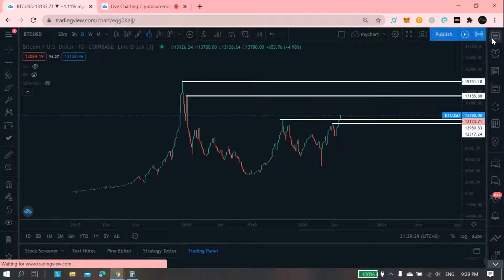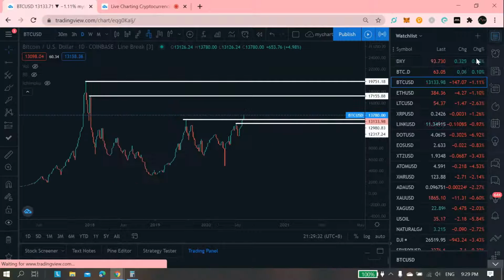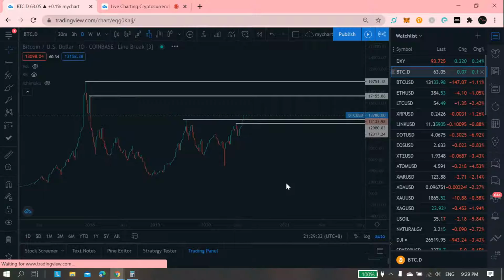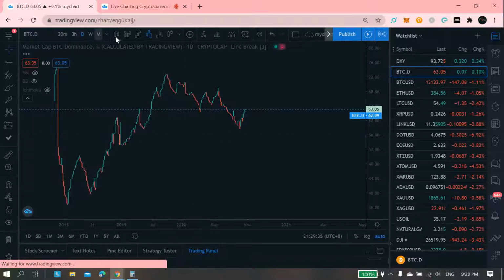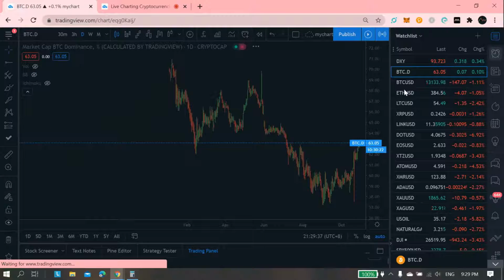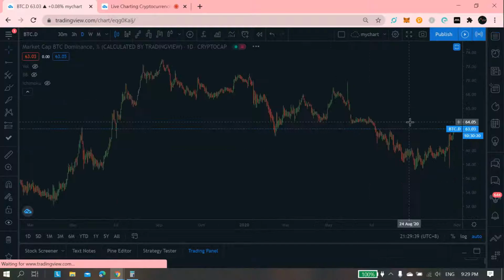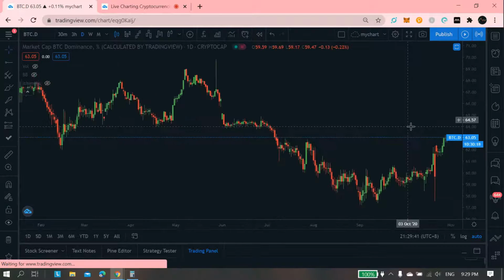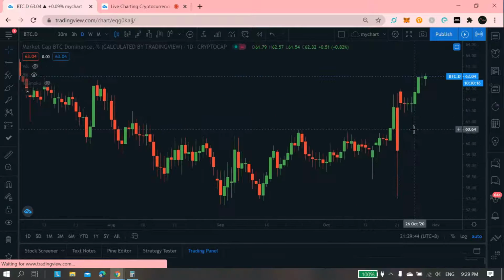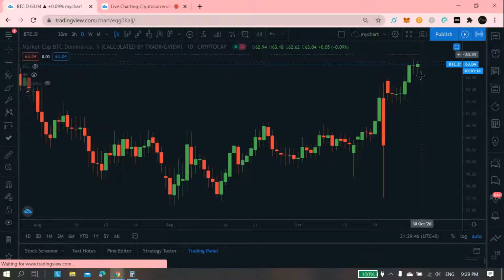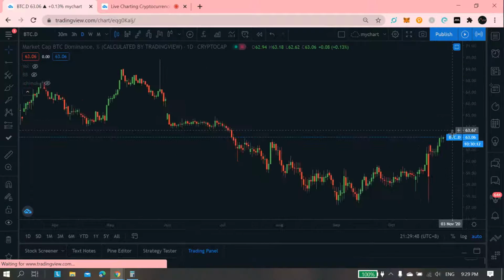So now let's move on to BTC dominance. I'd like you to see this one, but we will use this candlestick. Doji, and then it's going up.